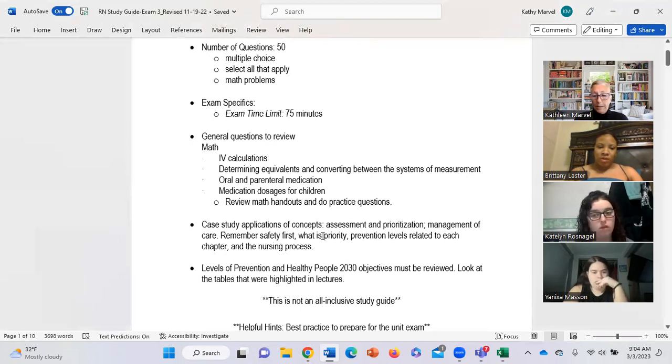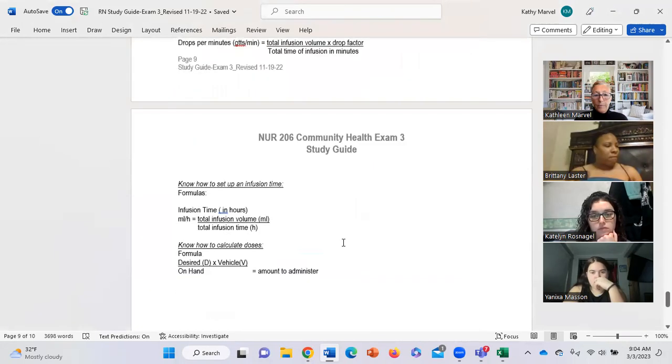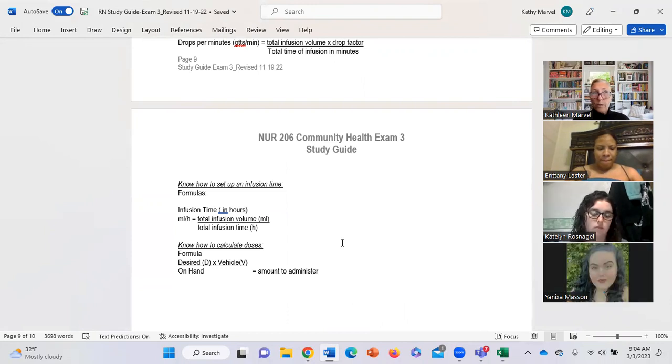At the end of this particular study guide, there are some math conversions. I don't know if you noticed that, but that's on the back page. How to set up infusion time, how to calculate doses. I sent my students a good training that one of our pediatric professors does on her YouTube.